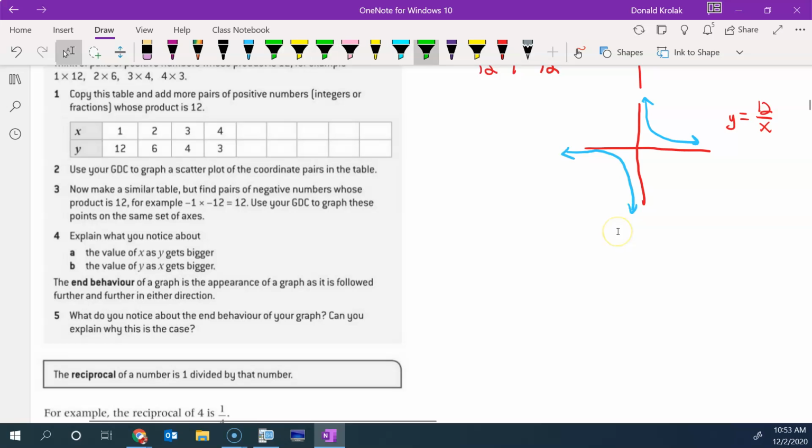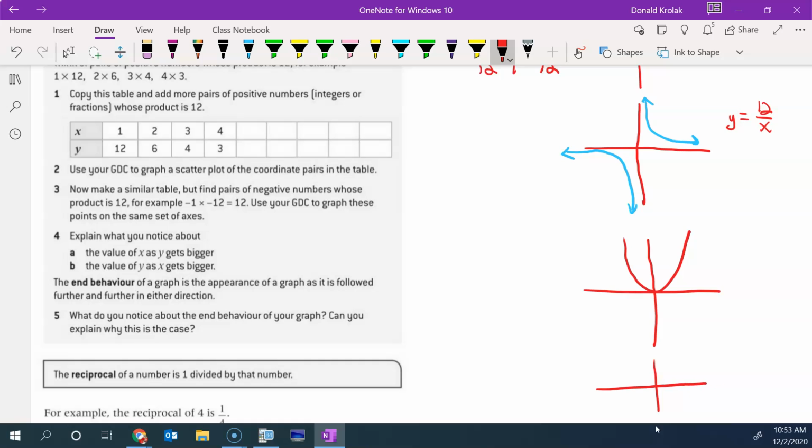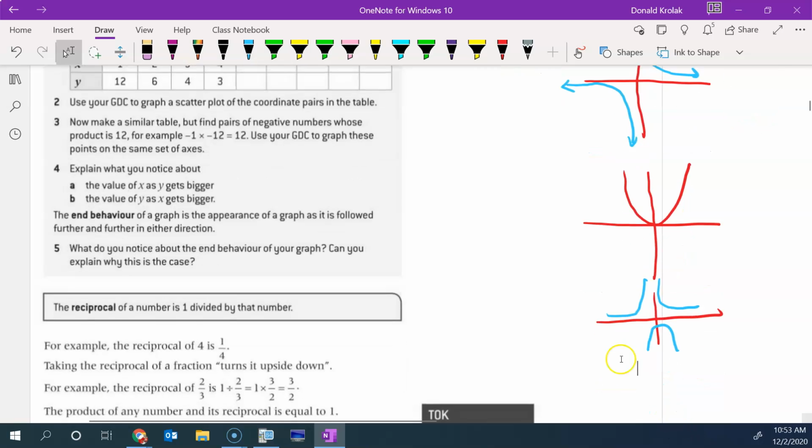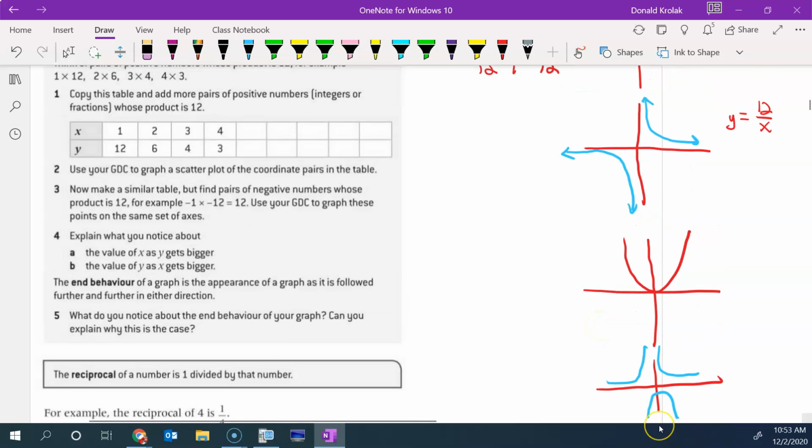Here, the really freaky thing is if you do the reciprocal of a parabola, like we got done doing these kind of graphs, if you did the reciprocal of that, it would end up looking like this. Those are going to be reciprocals. Okay, but right now we're just going to start with linears.